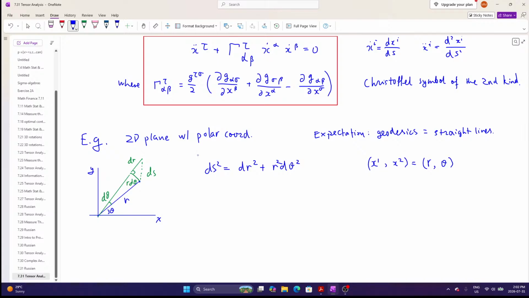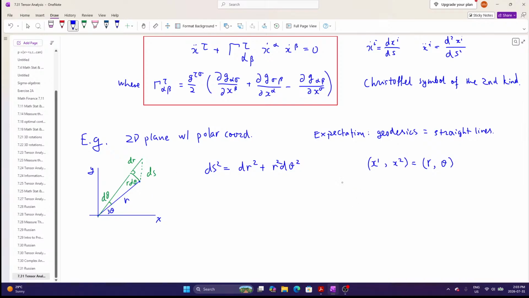So the polar coordinate is only a local description of a subset of R2. Of course, R2 does admit a global coordinate, that's the xy, the Cartesian coordinate. But in general, a coordinate system on a Riemannian space can only describe a subset, which is totally okay.